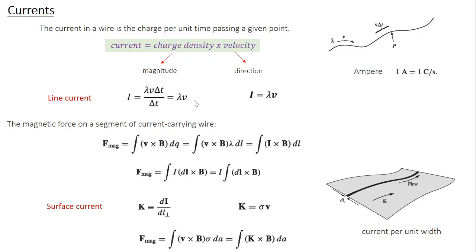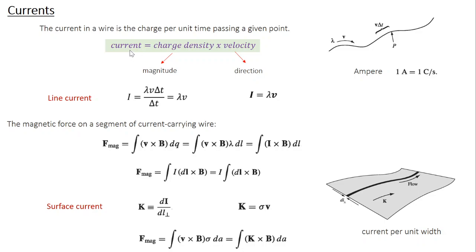Since current and velocity both are vectors, you can define in terms of vector parameters. So vector current I equal to lambda into vector v. So as I said earlier, whenever I bold a letter, it means that this is a vector parameter.